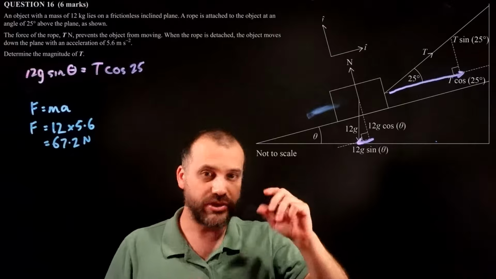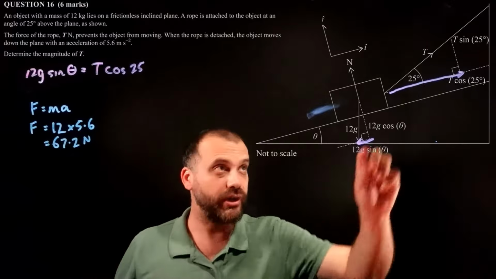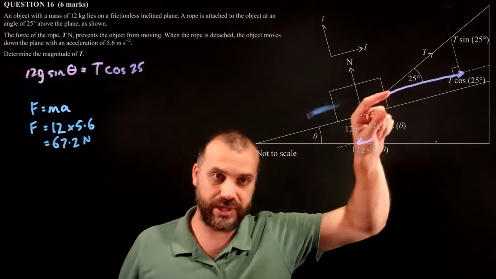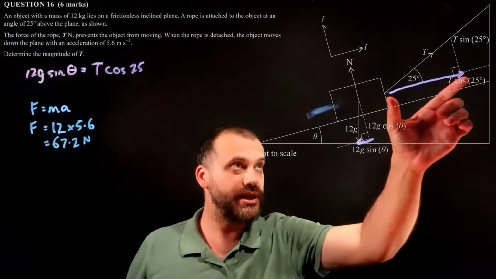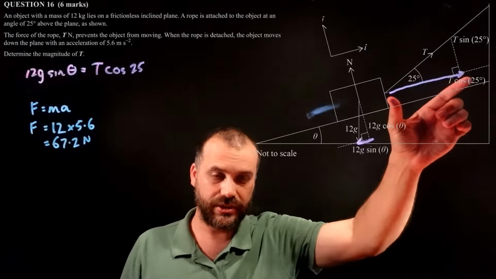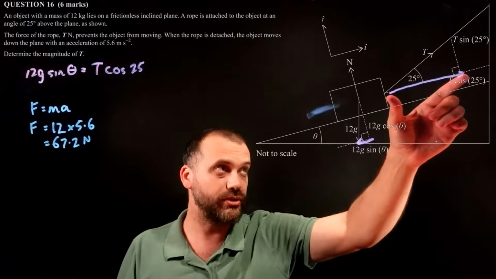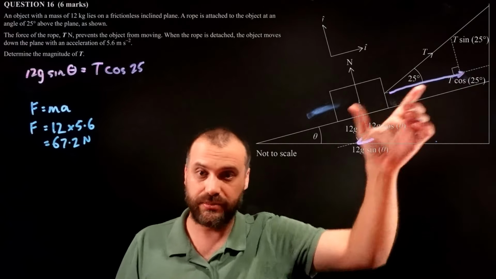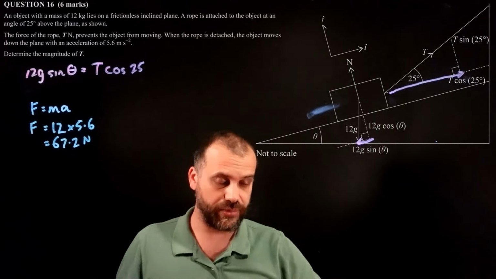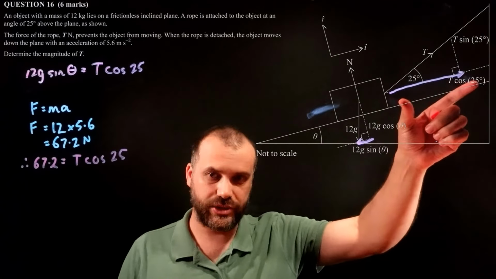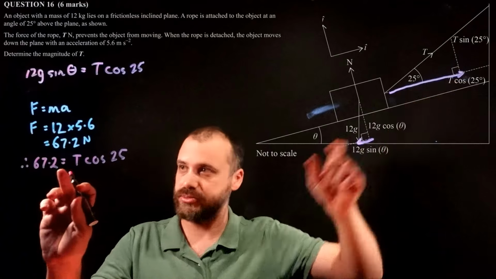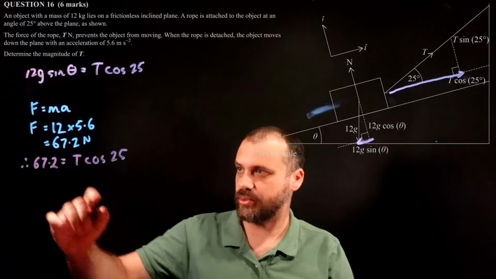Now, that force is unleashed, if you like, when this rope is detached, which means that the force in this string must be resisting 67.2. So this string, T cos 25, must be equal to 67.2.